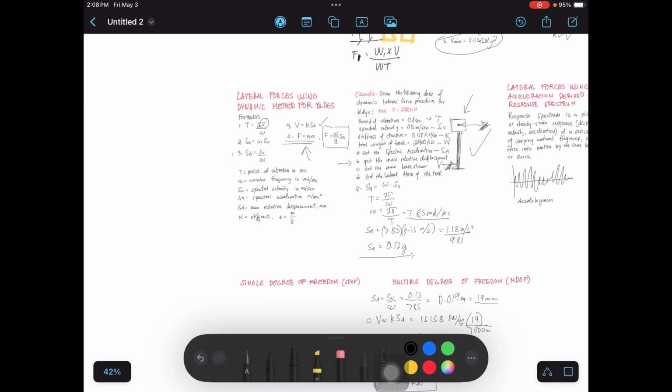So, paano natin i-connect? Siyempre, after getting yung base shear, I will ask you to design itong post na to. Ano ang most economic na steel double shape na 12 ang depth na kayang i-resist yung base shear in terms of its displacement and yung shear and yung bending stresses niya.